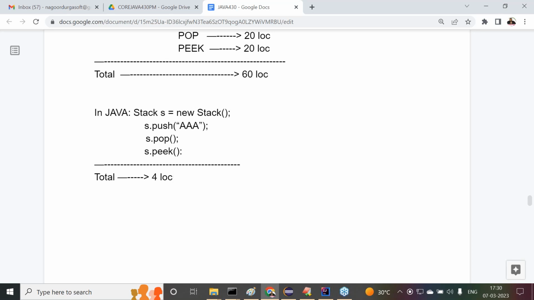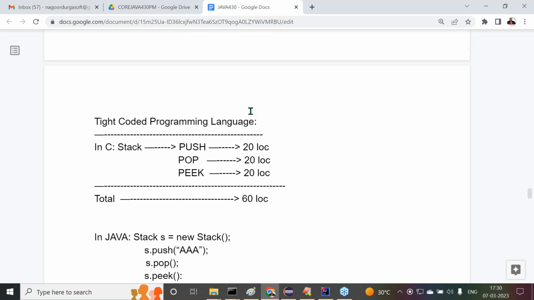In C, more instructions were taken or not? In the Java programming language, fewer instructions were taken or not? As an example, I'm telling you, try to understand it. The conclusion I'm telling you: listen all of you carefully.